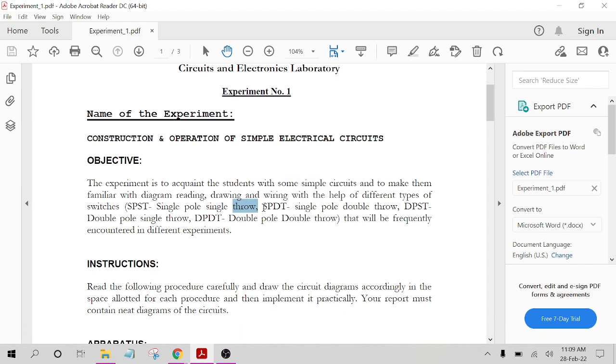Just let me first tell you the 4 category names. SPST means single pole single throw, SPDT single pole double throw, DPST double pole single throw, and DPDT is double pole double throw. So first we need to understand what is pole and what is throw, right?